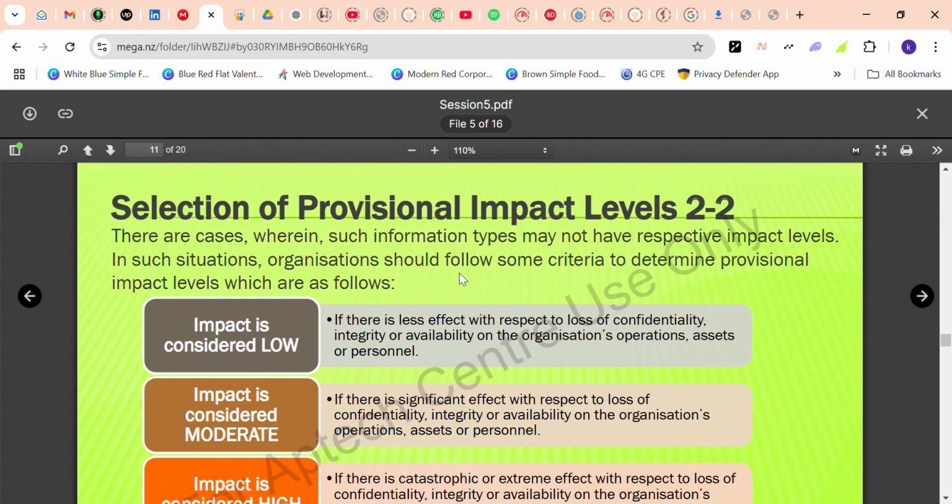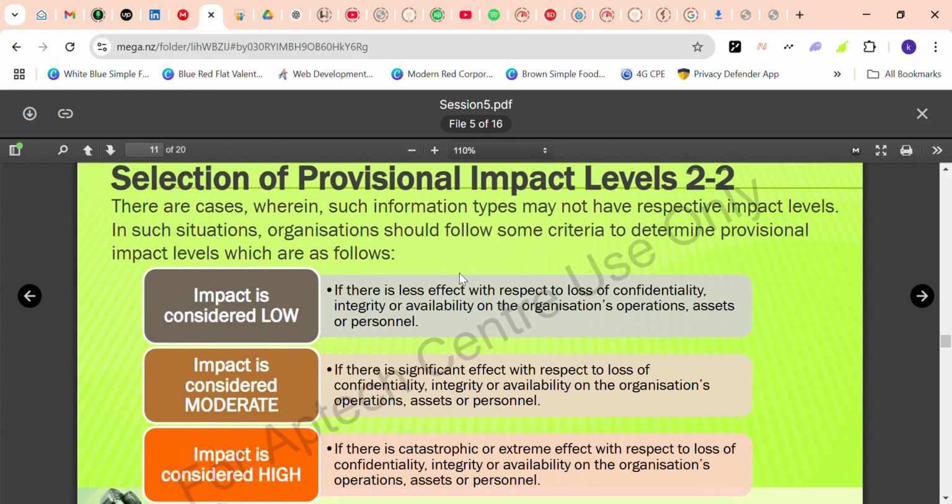There are cases wherein such information types may not have a respective impact level. In such situations, organizations should follow some criteria to determine the provisional impact level, which are as follows. One, impact is considered low if there is less effect with respect to loss of confidentiality, integrity, or availability to the organization, operation, assets, and personnel.